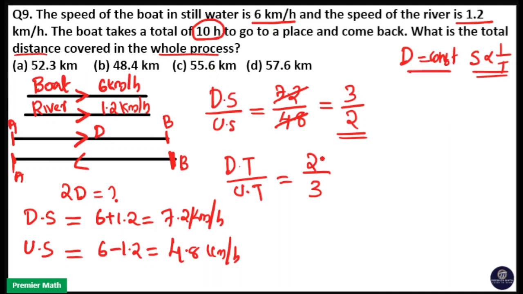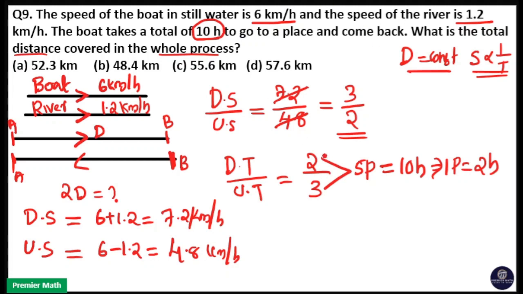So 5 parts is equal to 10 hours. That means 1 part is equal to 2 hours.